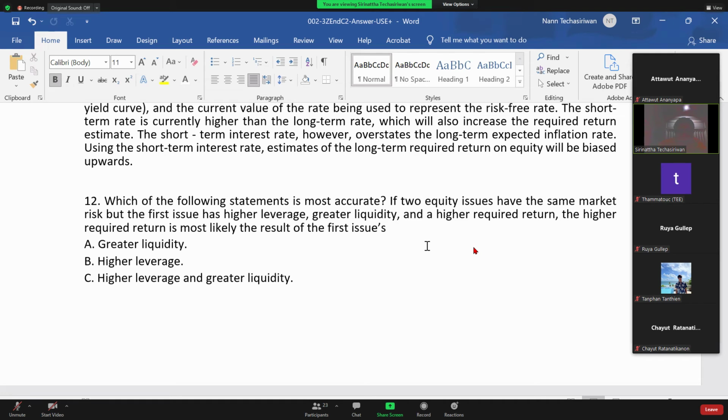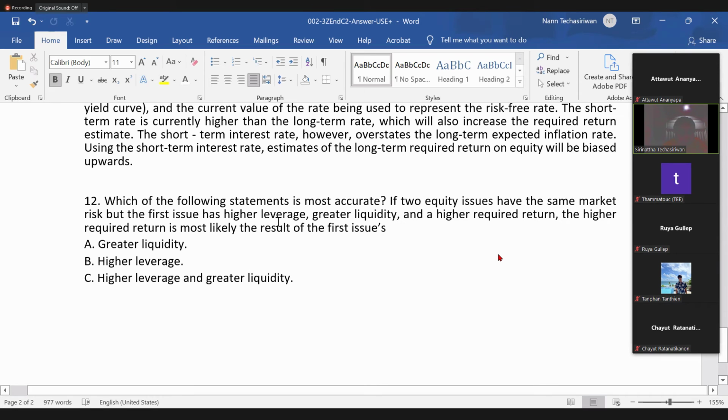So you can see that if we compare the first issue with the other issue, the first issue has higher required return, right? And what are the reasons for the higher required return? The first issue has higher leverage, so it means a higher level of financial risk. Greater liquidity, so in this case, greater liquidity means a lower level of liquidity risk, right?